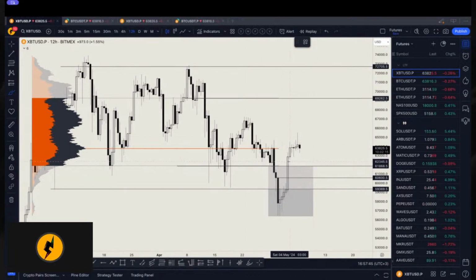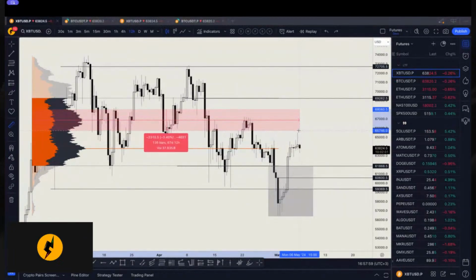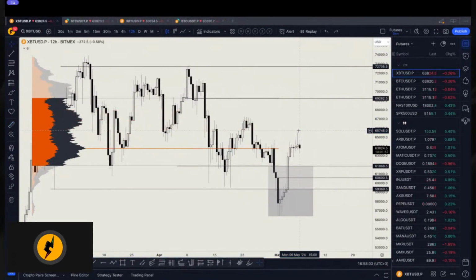So if we come here, I would buy here as well, because these are two levels that are very important for me. One is the monthly open, another one is the value area low of this huge range, which lasted for 60 days, almost 2 months. So this is how I am going to play it personally.